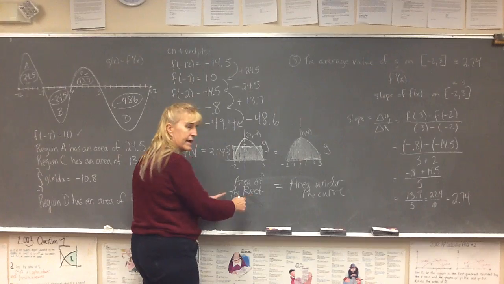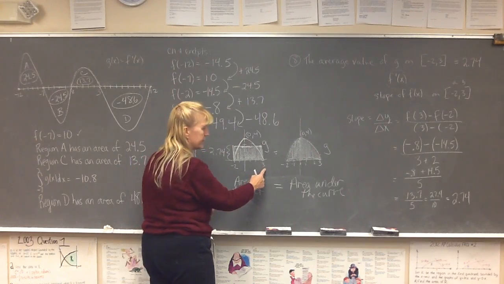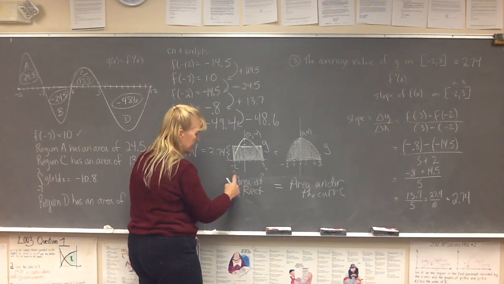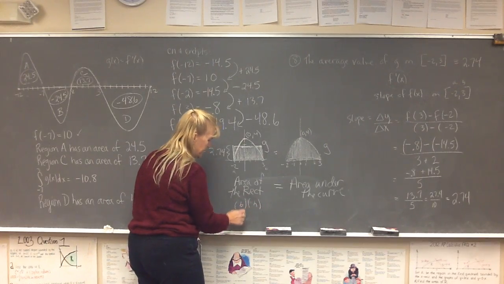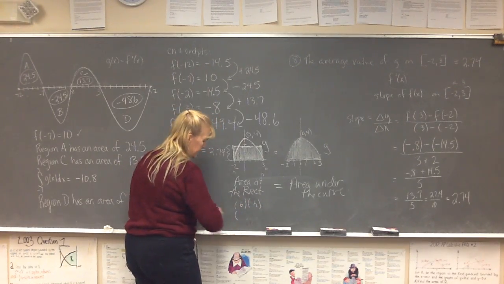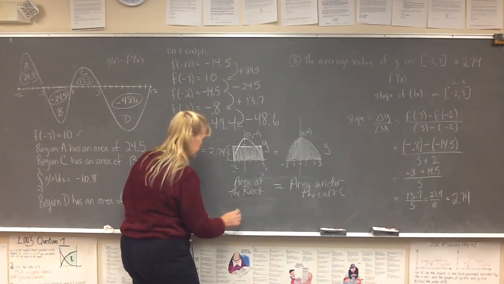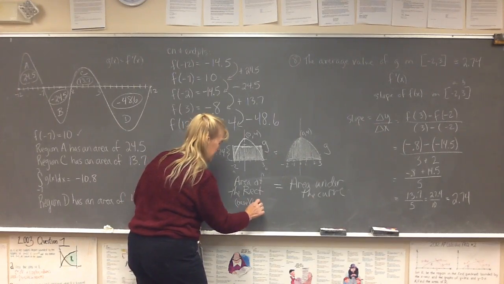The area of a rectangle is base times height. The base is whatever your B is over here minus whatever your A is. So I'm going to write base times height.